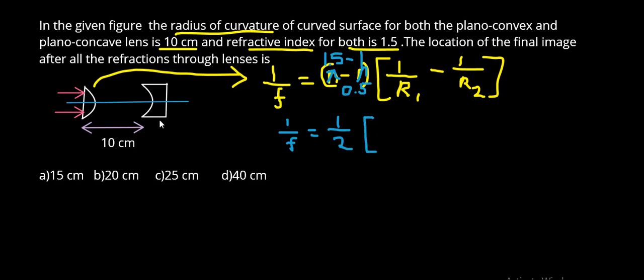The radius of curvature of the first surface is infinity, since it is the plane. So for the plane surface, the radius of curvature is going to be infinity. Since it is the second curvature, it is going to be plus 1 by r2, where the radius of curvature is 10 for both the lenses. So we know that 1 by infinity is equal to 0.